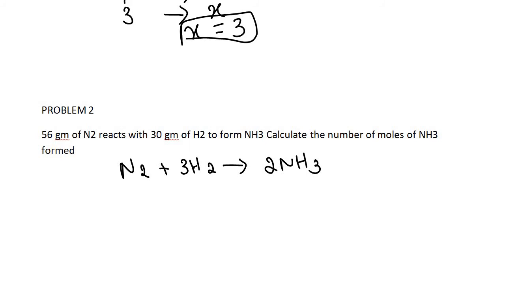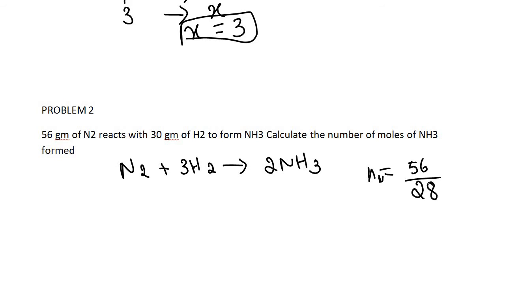The first step is that we need to write the number of moles in the given question. We don't know the number of moles; they have just given the mass of nitrogen and the mass of hydrogen. To find the number of moles, we know the formula: given mass divided by molar mass. The given mass of nitrogen is 56, divided by the molar mass of nitrogen, which is 28.